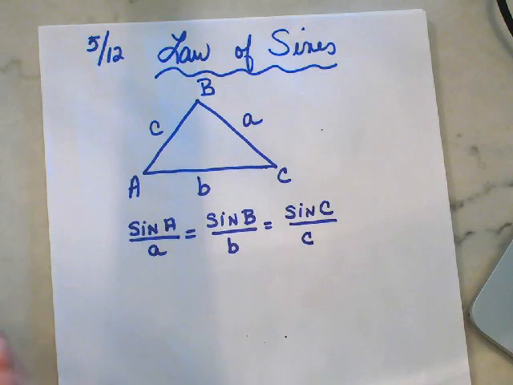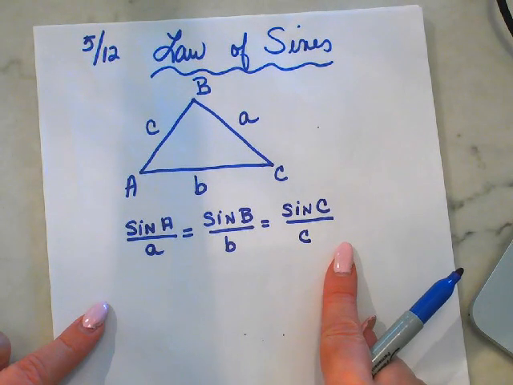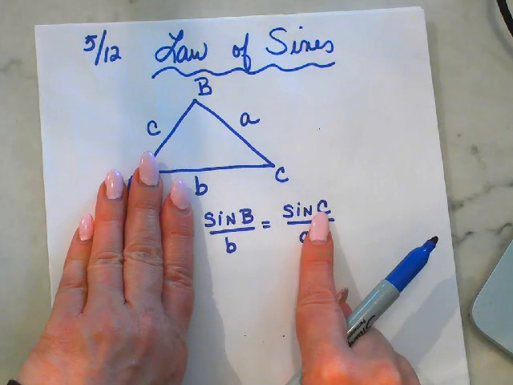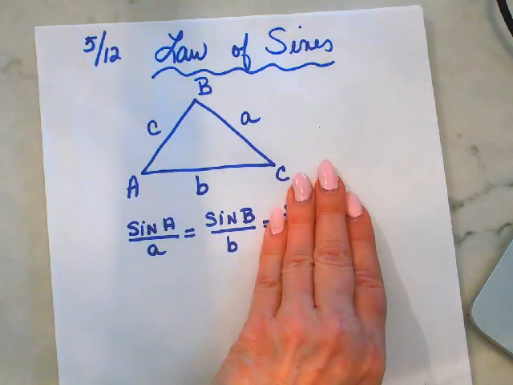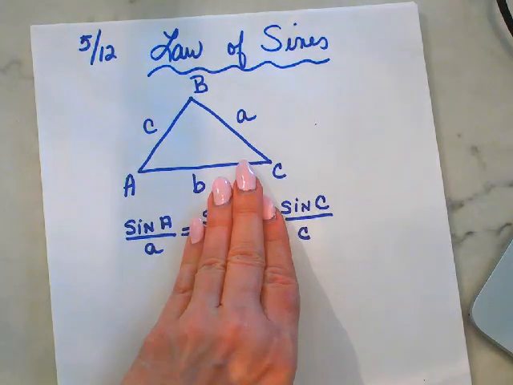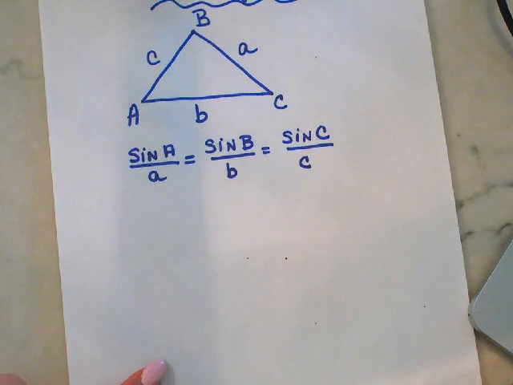Now that looks a little weird because you've never done fractions with three, and you're not going to, but just know that everybody's equal. So it could be just B and C that you're comparing, or A and B, or A to C. I'm going to show you how that works, so keep that in mind.